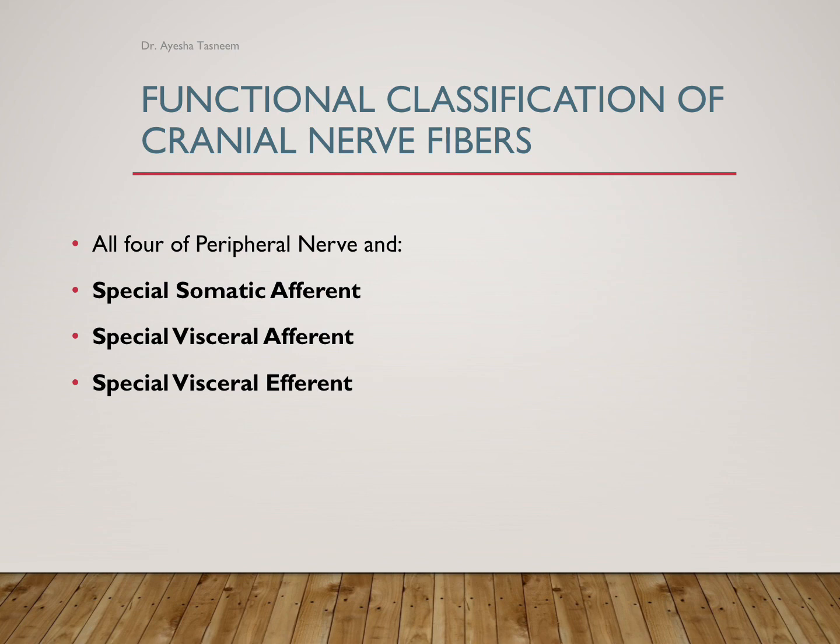Then there are special visceral afferents that carry taste sensations. Then there are special visceral efferents. They are also called branchiomotor fibers. They carry motor impulses to skeletal muscles derived from branchial arches.